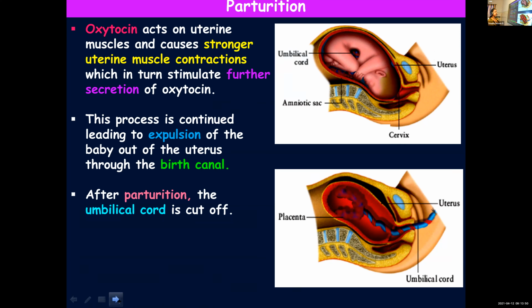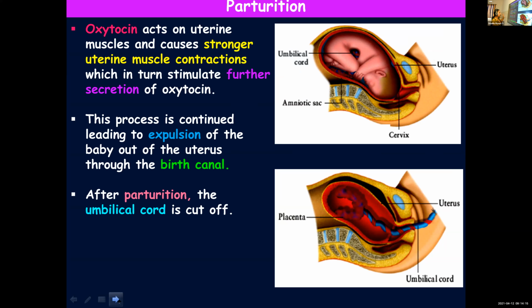And you know that the baby is attached to the mother with the help of the umbilical cord. Even when parturition is taking place, the umbilical cord will be attached to the baby. You have heard of cases where, because of the movements of the baby, the umbilical cord can twist around the neck of the baby, which can lead to further complications.